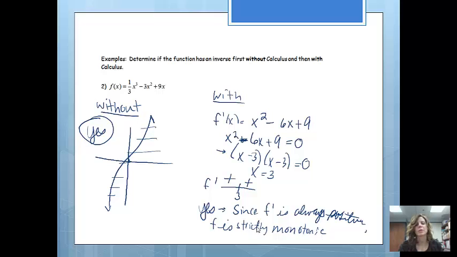And if we would want to say f is always increasing or decreasing, that's fine, but I feel way cooler using the word strictly monotonic. So that's what I'm going to do. So that would be my explanation if I had to use calculus and justify my answer.